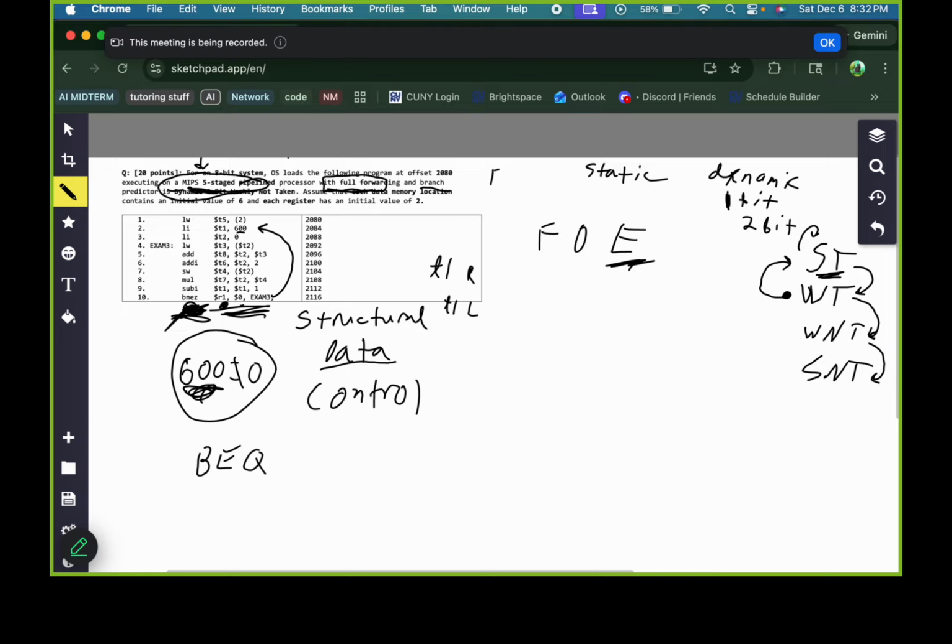Go back down to strongly not taken. And strongly not taken, if I'm not supposed to take the branch, loops back around. And again, I can loop between these states as I please. There's an example on the 2-bit branch predictors, right? I highly recommend that you work on that because it really clears up how exactly you go from one state to another state.